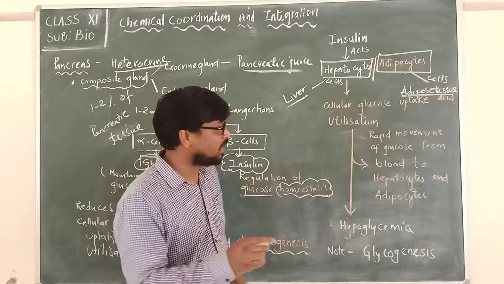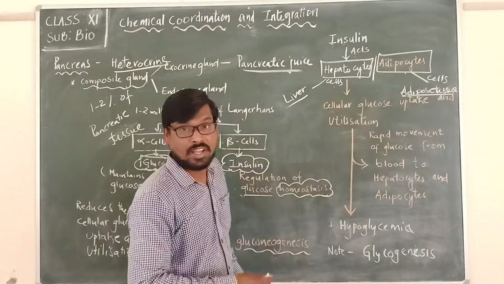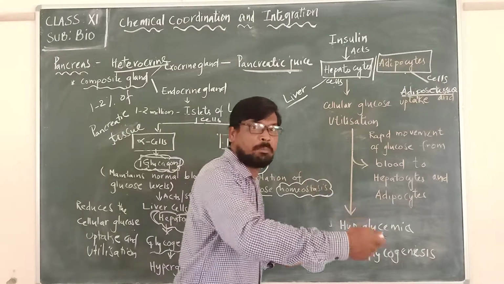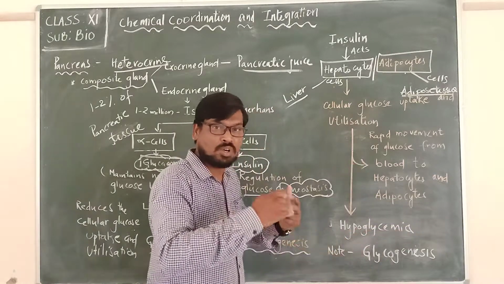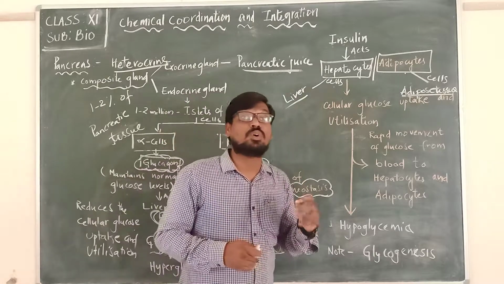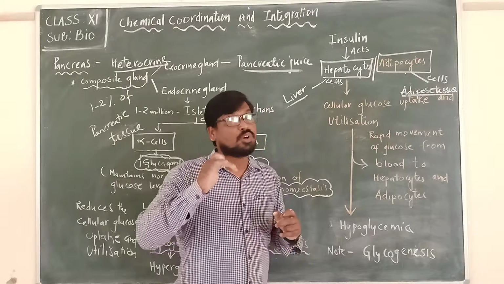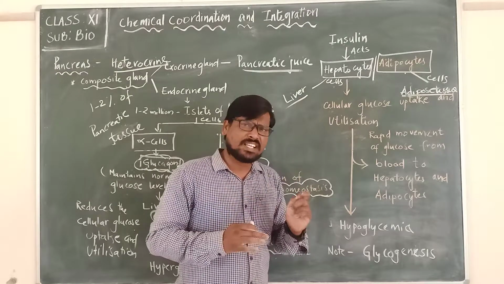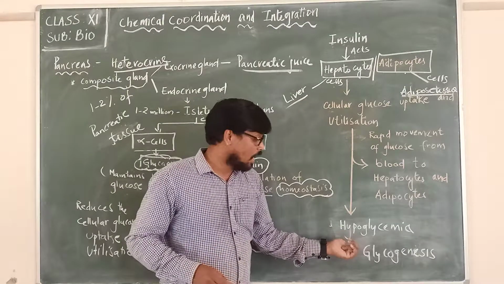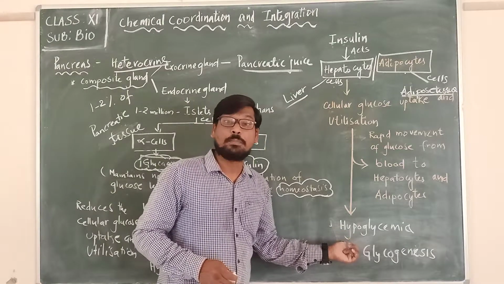And that's why, if you are clearly seeing here, the sugar is moving from the blood into the hepatocytes and adipocytes. So now in the blood there is less glucose. Because there is less glucose, we call it hypoglycemia.